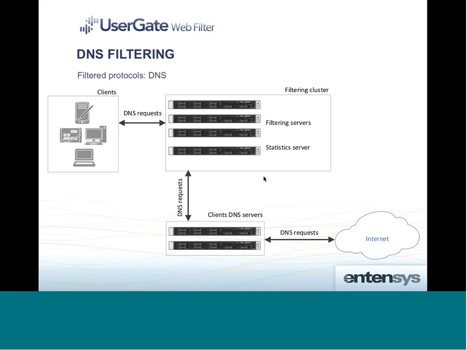Of course, it has some drawbacks compared to HTTP, because only category filtering and black and white lists can be used in this case. But again, it's quite easy. You install one or several servers, depending on the client's request, for fault tolerance or for performance, and send all DNS requests from the client to those servers. They will filter them on the way.